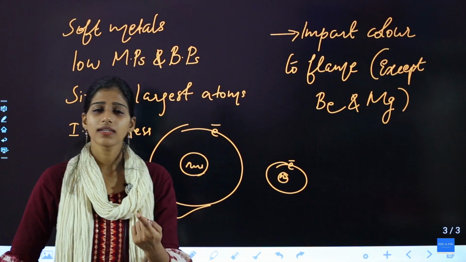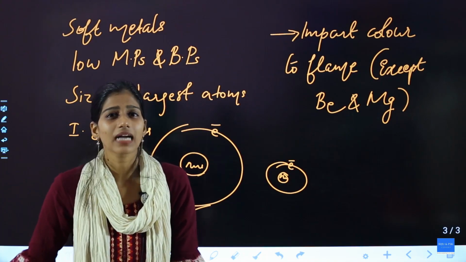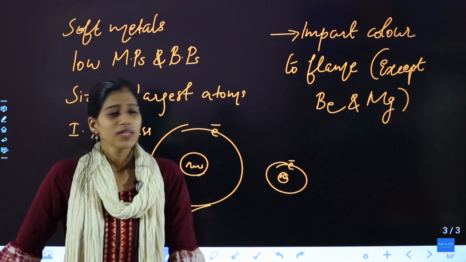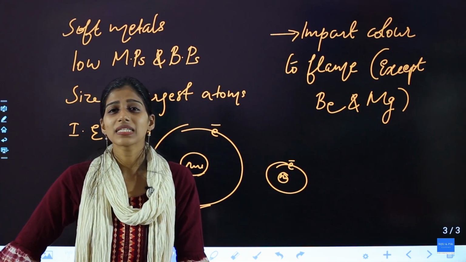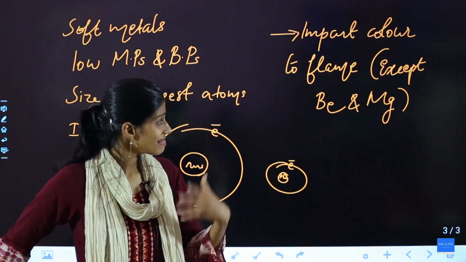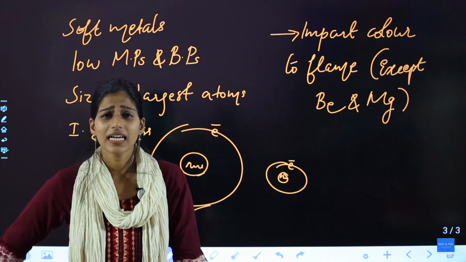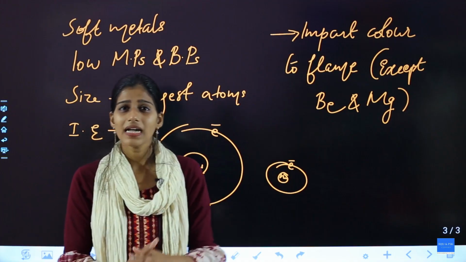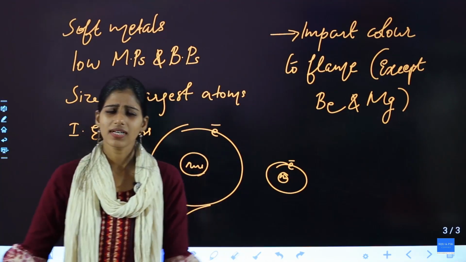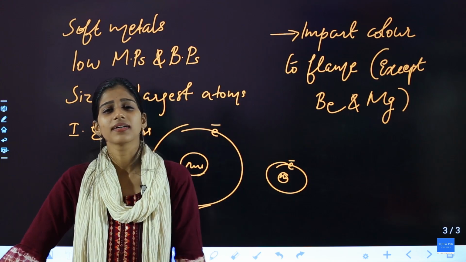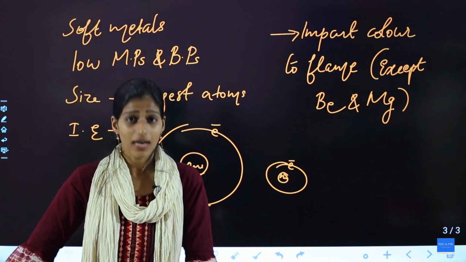You take the metal, heat it or show it to a flame, and you are able to see different colors in the flame. This is sometimes termed the flame test. This is the best method to understand the metal. All the alkali and alkaline earth metals will impart color to the flame except beryllium and magnesium. There are some reasons, we will come into that later.